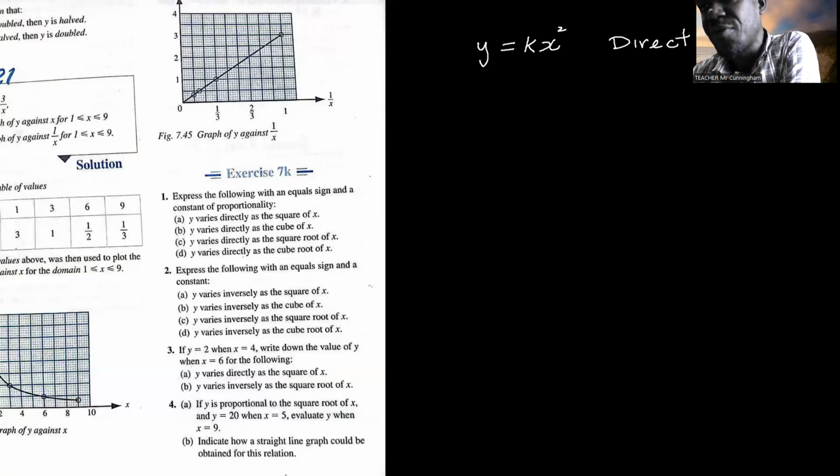And I want to quickly say this: direct variation is represented on a graph as a straight line. I want to say that again. Direct variation is represented on graph paper as a straight line.